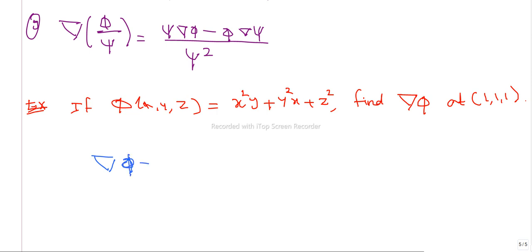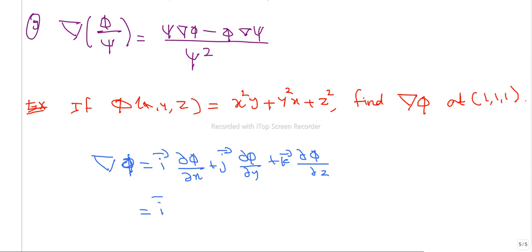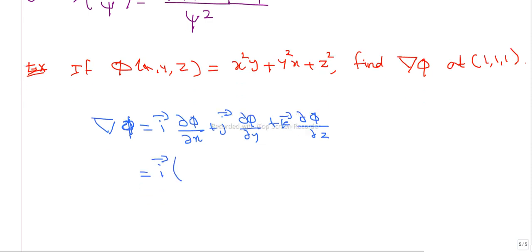It is i times ∂π/∂x plus j times ∂π/∂y plus k times ∂π/∂z. Differentiating partially with respect to x, we get 2xy plus y squared, the third term is 0, plus j times (x squared plus 2xy), plus k times 2z, differentiating with respect to z.